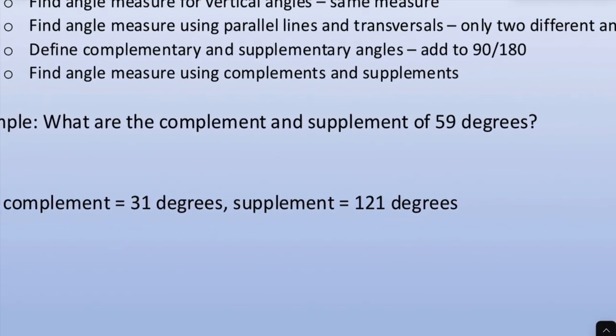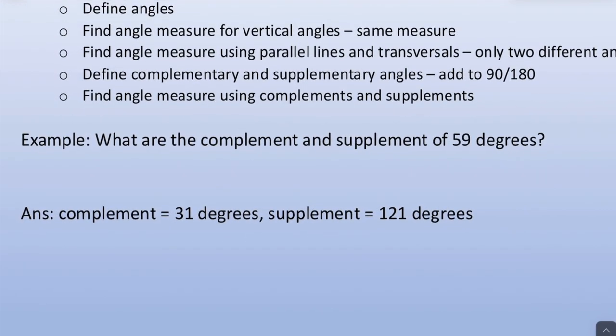The word complementary means that two things add up to 90. So the complement of 59, you just take 90 minus 59, which is 31 degrees.